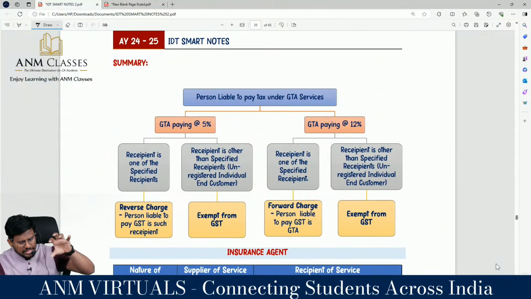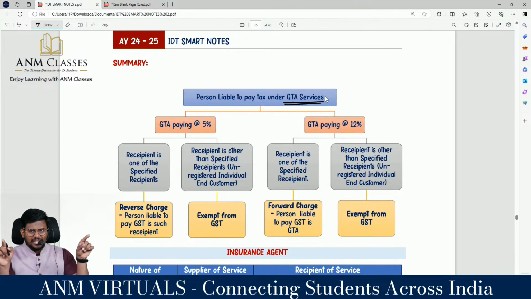We can summarize the GTA like this: person liable to pay tax under RCM services can be classified in how many categories? GTA paying at 5%, GTA paying at 12%. So there are two types of GTA: 5% GTA.